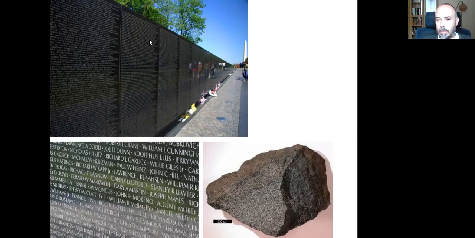And once they covered these walls, they put the names of people that have been killed in that war, and it says that there are the names of 58,000 men and women who gave their lives or remain missing.